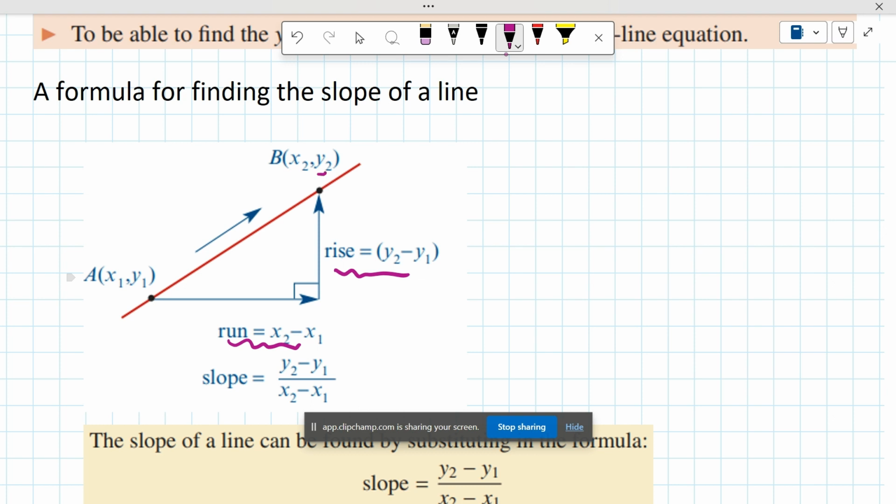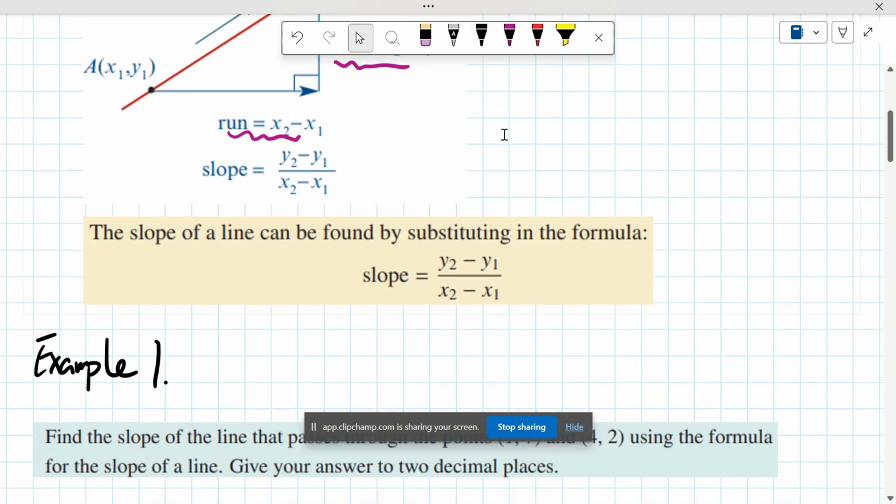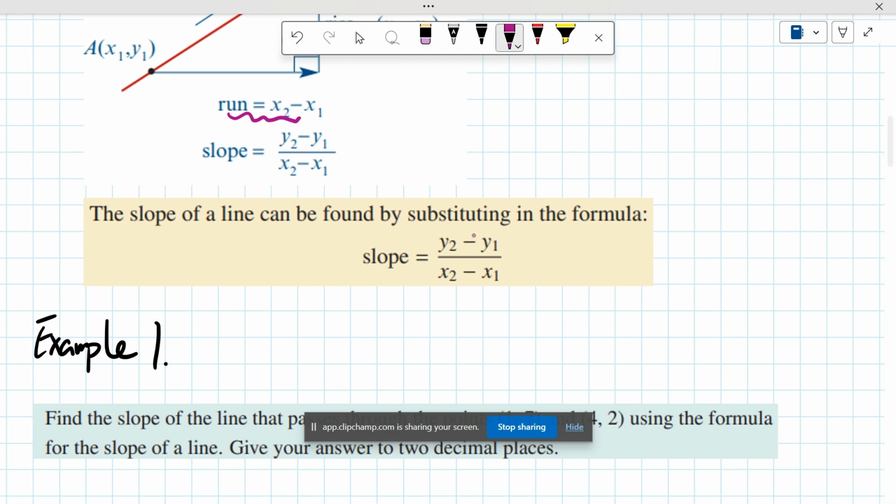Y2 means the point B y value, and y1 means the point A y value. We subtract those two, then divide by the x2 value minus the x1 value. So the slope, which is called the gradient, equals y2 minus y1 divided by x2 minus x1.